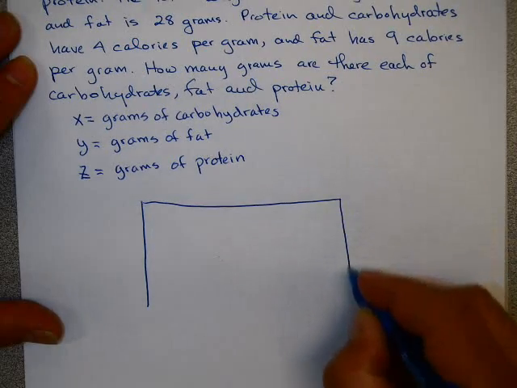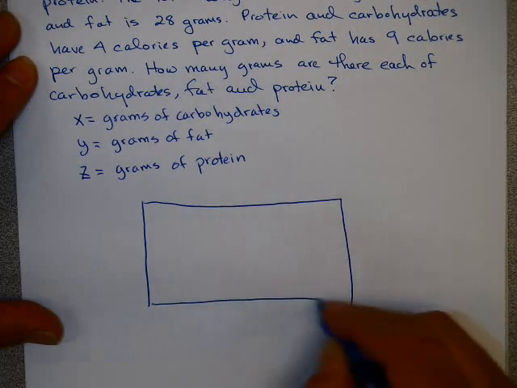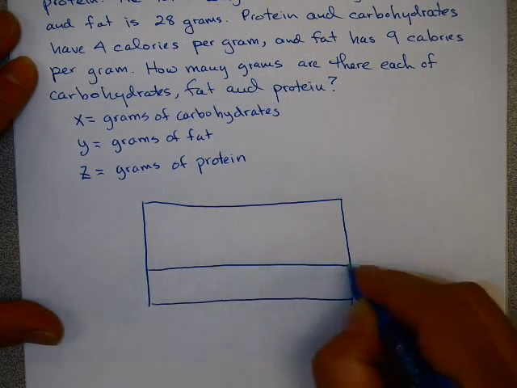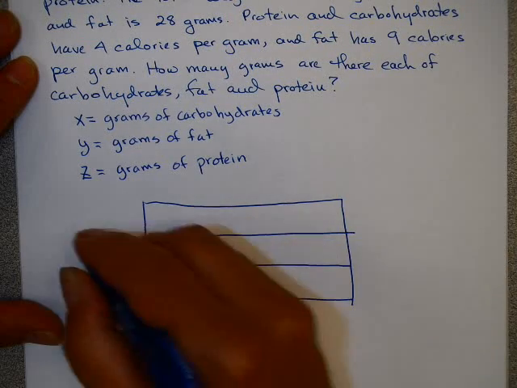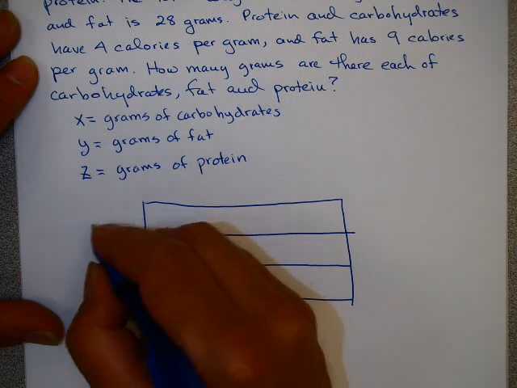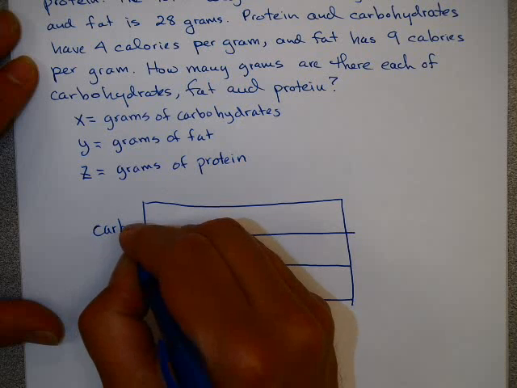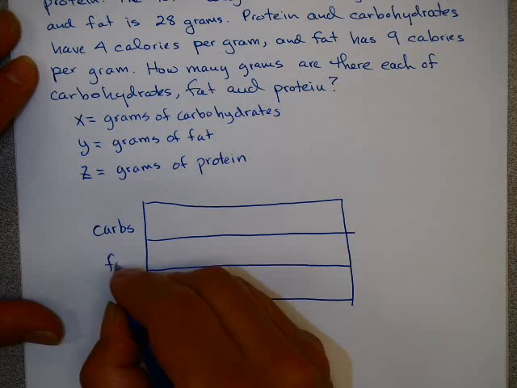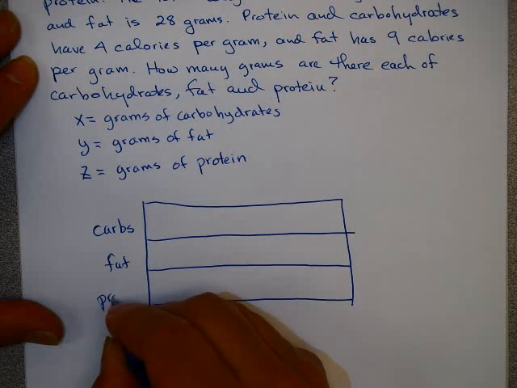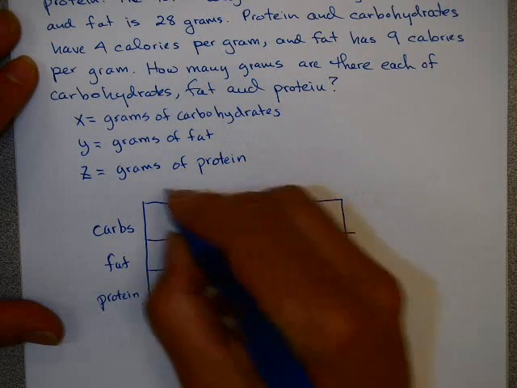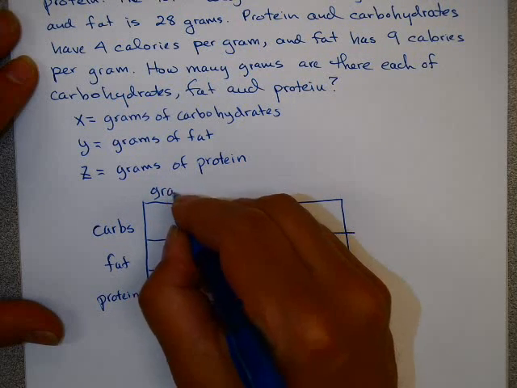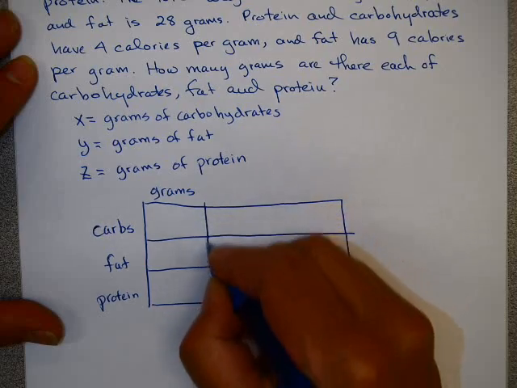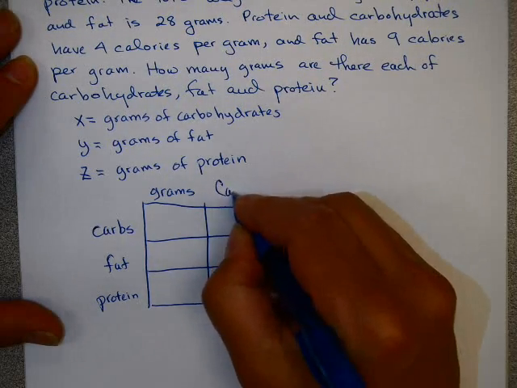So I have 3 items under question here. Those 3 items are carbohydrates, I'm just going to write carbs here, fat, and protein. And this is going to be how many grams of each of these I have. And this is going to be the calories per gram.